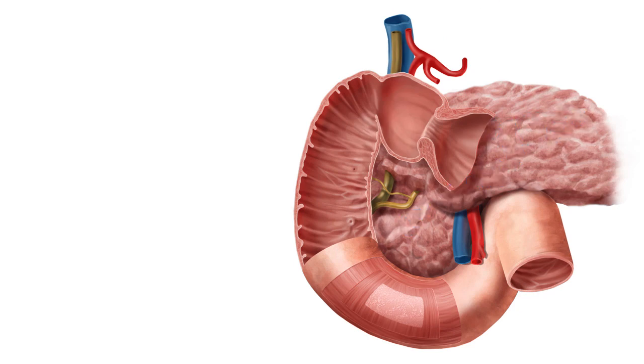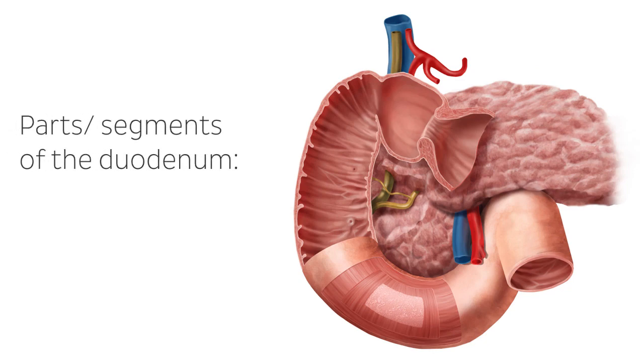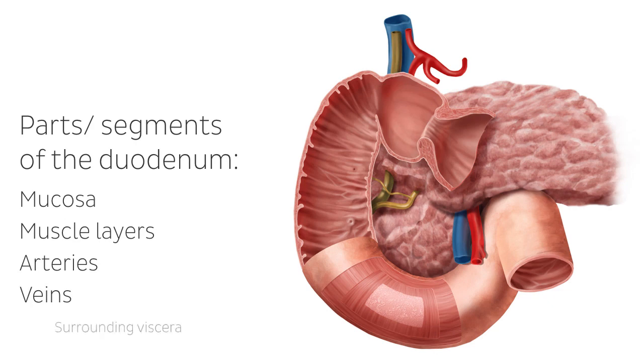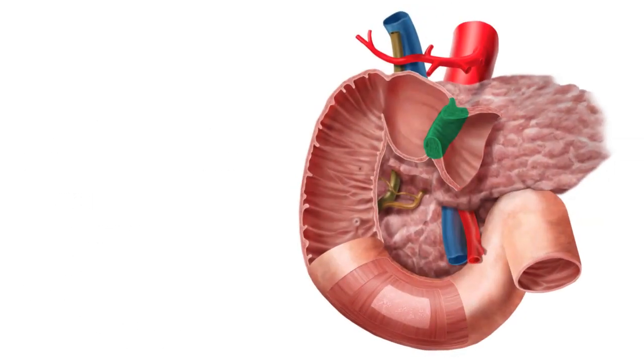Now, in this tutorial, we will be looking at the parts and segments of the duodenum, including the mucosa, the muscle layers, and then also the related arteries, veins, and surrounding viscera or organs. But first, let's begin at the point where the duodenum begins.